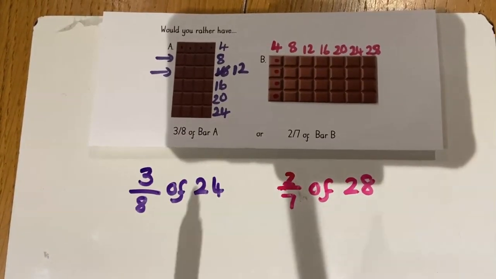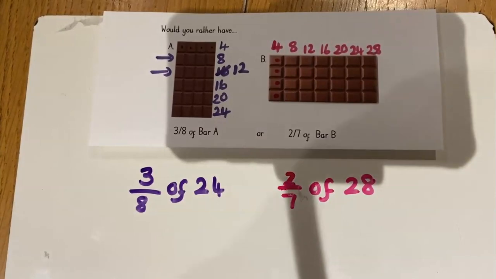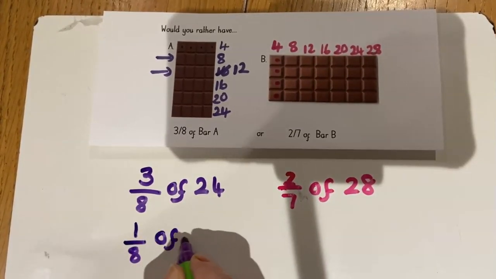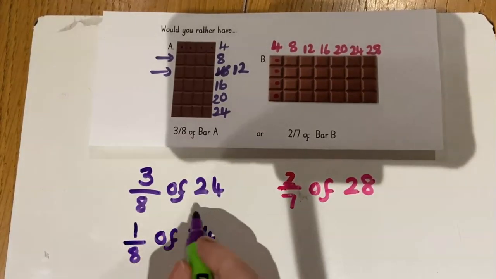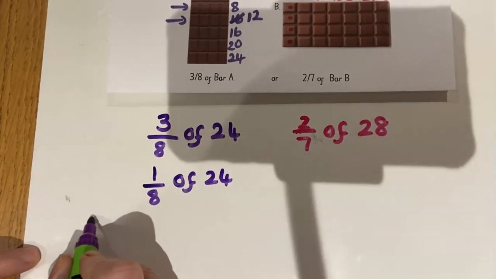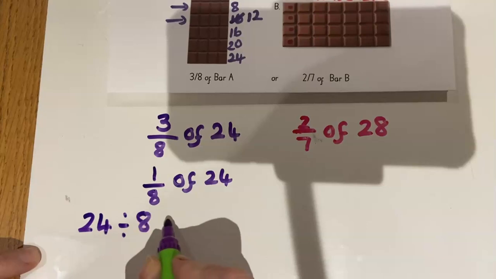So this is where our division knowledge comes in. We're trying to draw all our maths together, everything we've learned, and apply what we know about division to fractions. I know that if I wanted to find 1/8 of 24, it would be the same as saying 24 divided by 8.